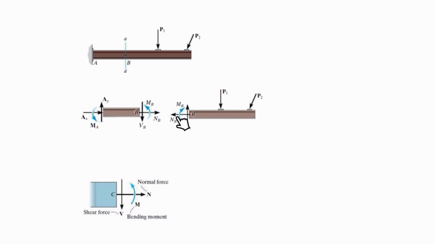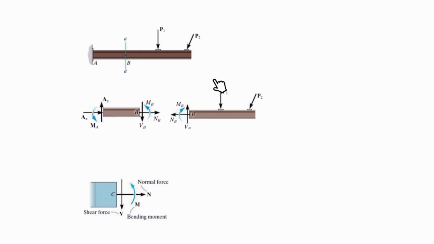We name this one the normal force, this one the shear force or vertical force, and this is the moment. It's like a wall. When we are attached to a wall and we remove that in the free body diagram, we put this. But just consider this right part and forget about the left part. Here I have the free body diagram of a single part.